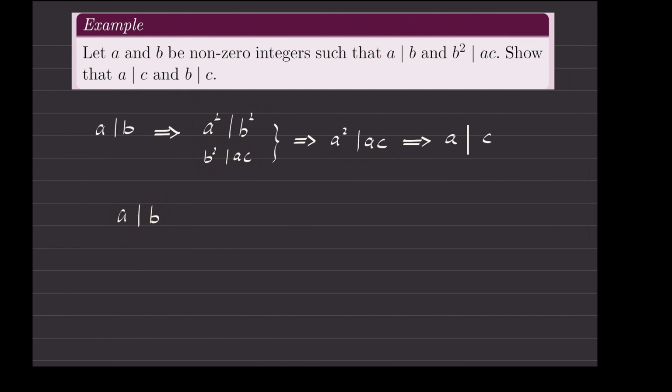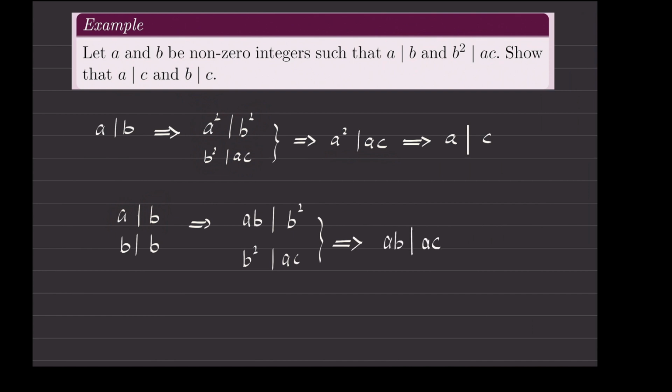Okay, I will assume that of course you have given me a divides b. I also know myself b divides b. So I multiply them side by side, so it becomes ab divides b squared. This is what I get. But you also told me that b squared divides ac. Then again, using transitivity, I can conclude from these two that ab divides ac.